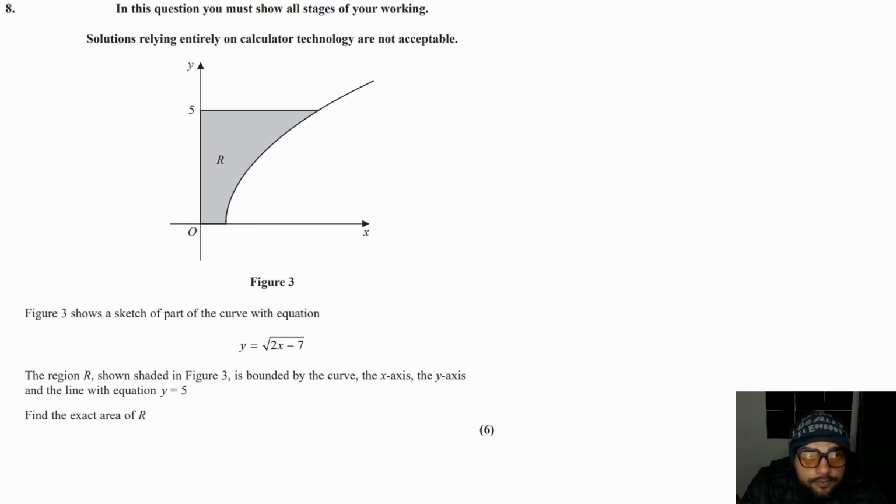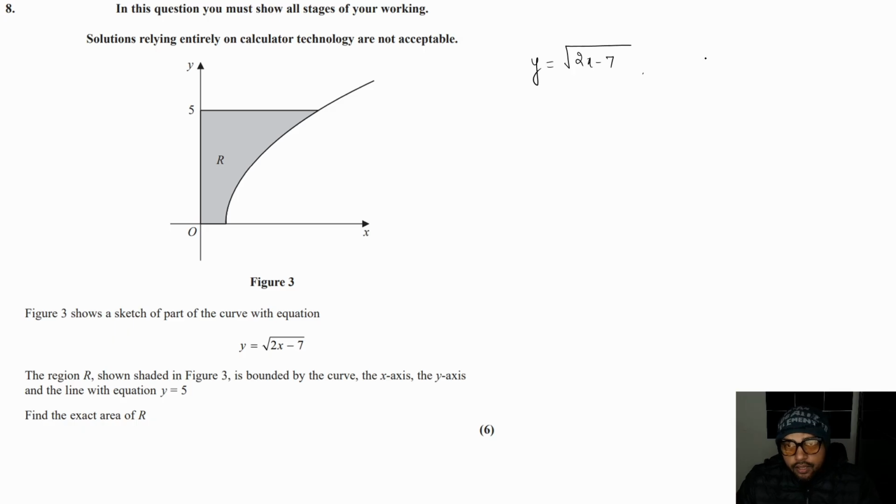Now let's move to the next question, which is very easy. Since they have given us a certain value here, we know what we'll do. y equals root of 2x plus 7. From here we can directly take the value of x.